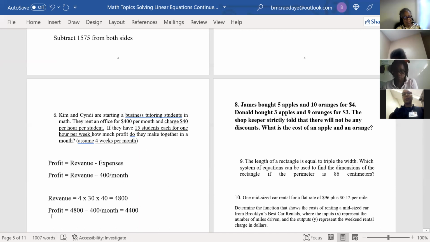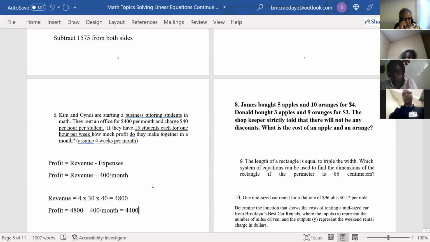So the profit is revenue minus expense, $4,400. A common error students make here is that they take one person, and it says 15 students each. That's the key right there. It's not Kim has 15 and that's it. It's Kim has 15 and Cindy has 15 for a total of 30.